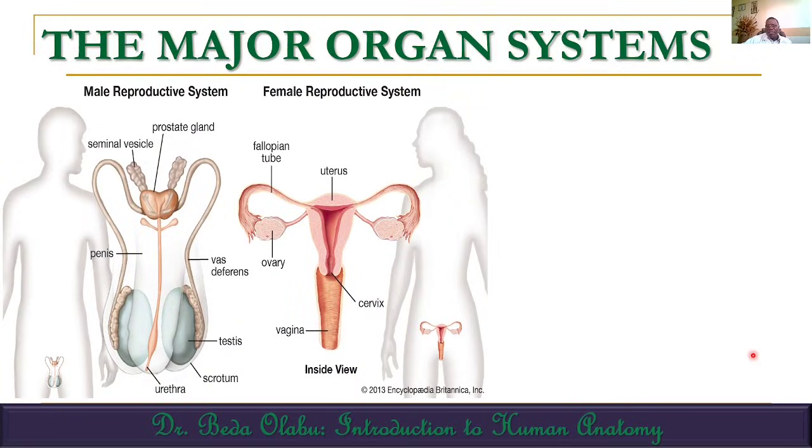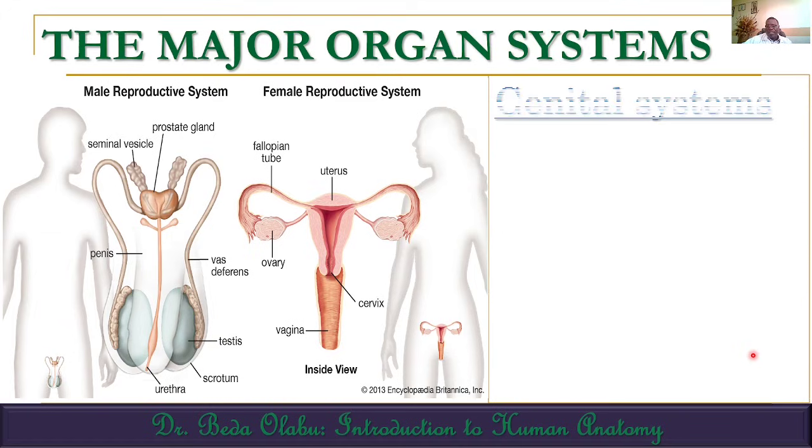The 11th system, let's call them the reproductive systems or the genital systems. Maybe the term reproductive is much better. The reproductive systems, remember, there are two. You can talk of the male reproductive system, and you can also talk about the female reproductive system.